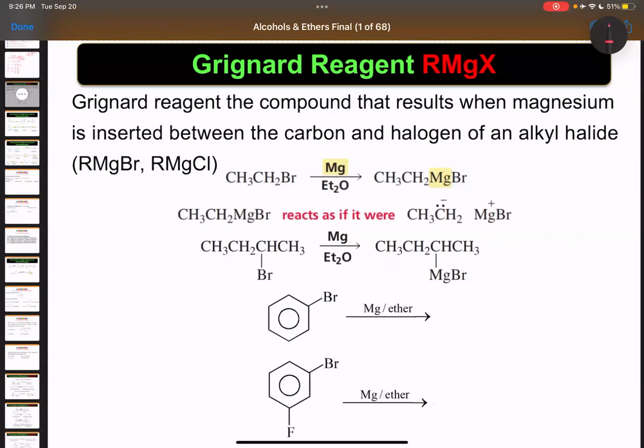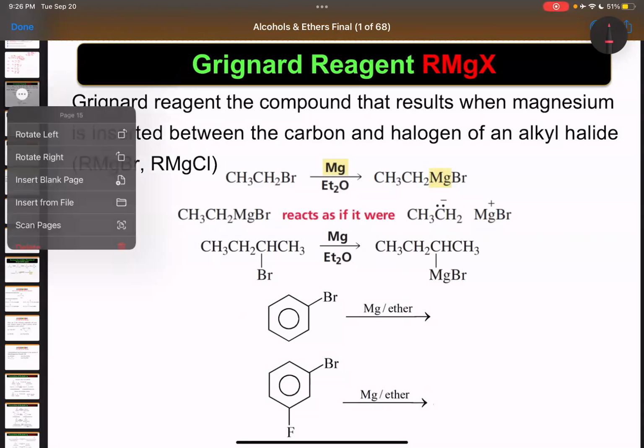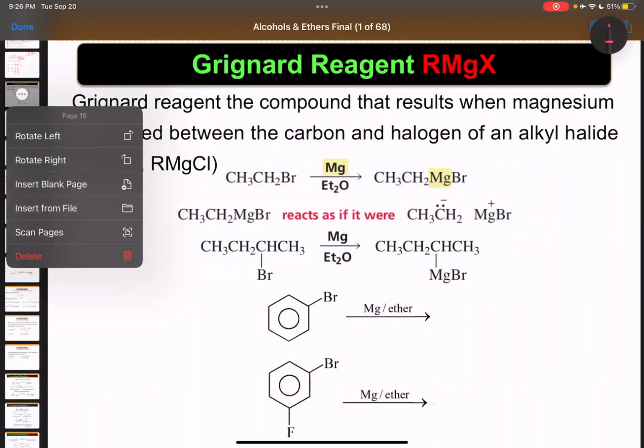So these fall under the category of organometallic compounds. Okay, what are organometallic compounds? Compounds containing carbon and metal bonds.